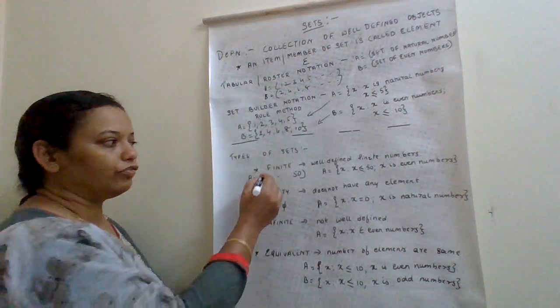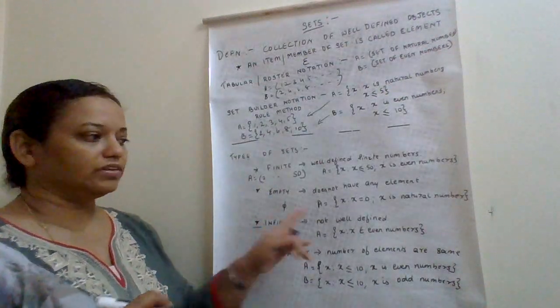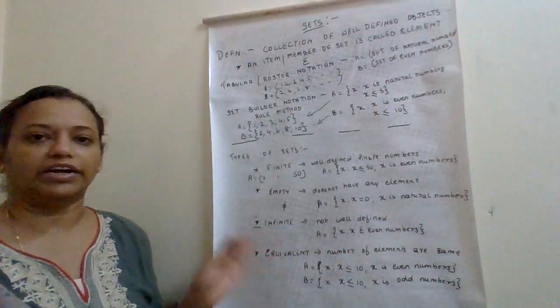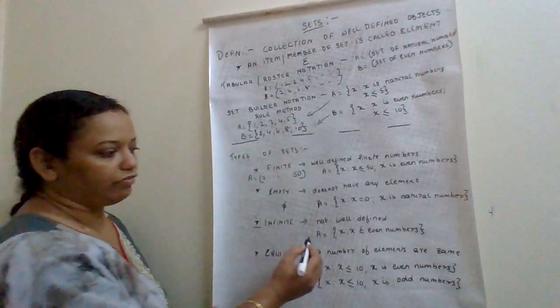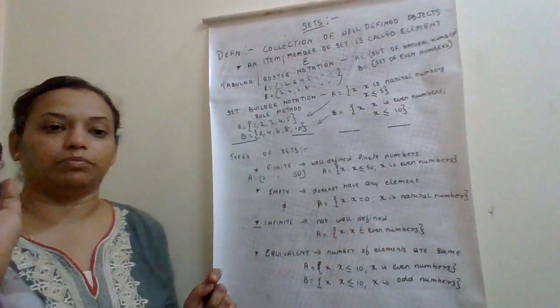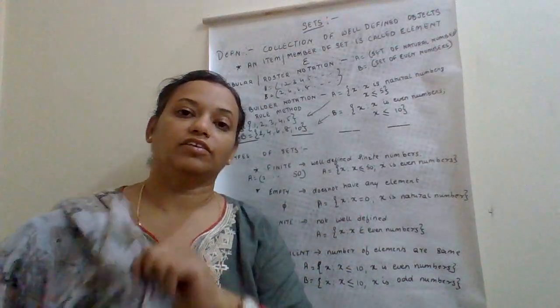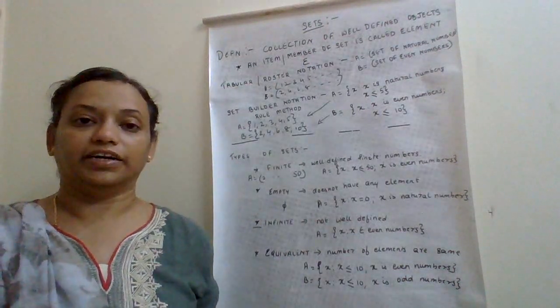Okay, so if you know finite, what will be the opposite of finite? Infinite. So what is infinite? Where it is not well defined. As a representative of the same example, if A is such that X is an element of even numbers, they are just telling X is all even numbers. So that is infinite. It can go to infinity, right?